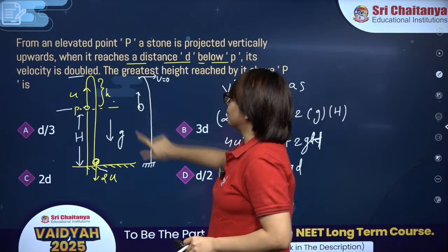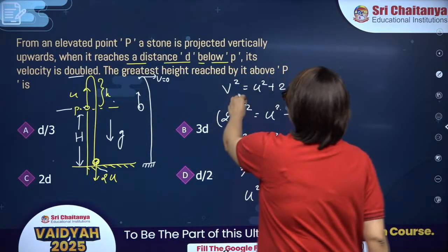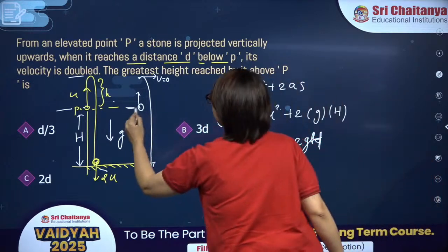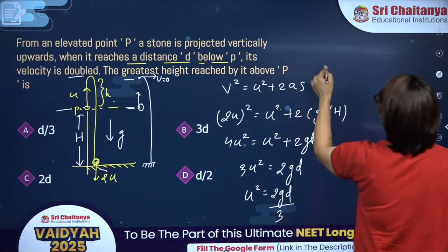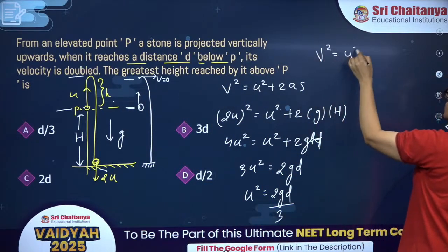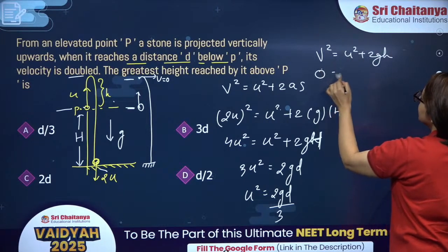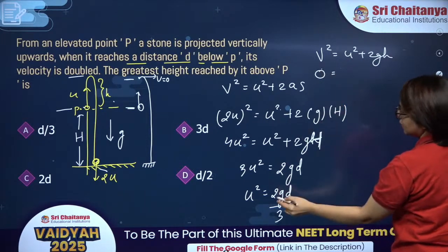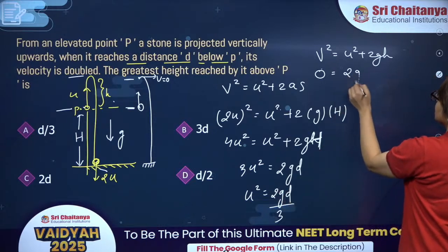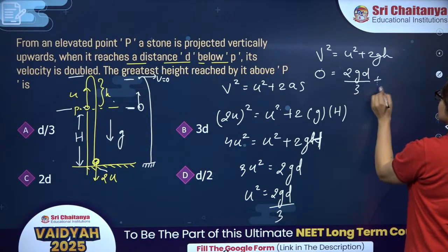Initial velocity is u. So apply the same equation from this point to this point. So we have v square is equal to u square plus 2gh. V square is 0. U square will be 2gd divided by 3 plus 2.